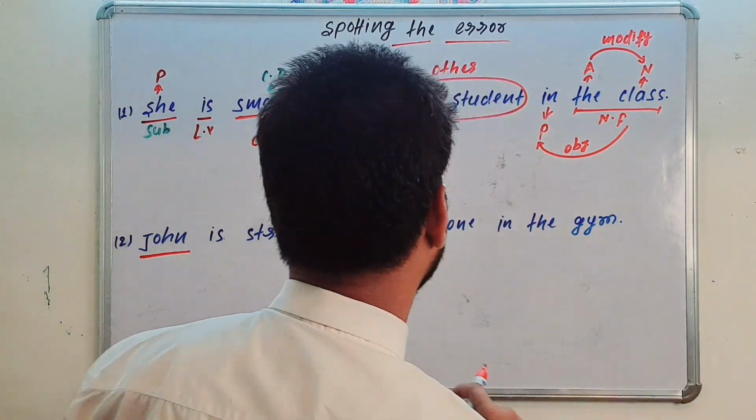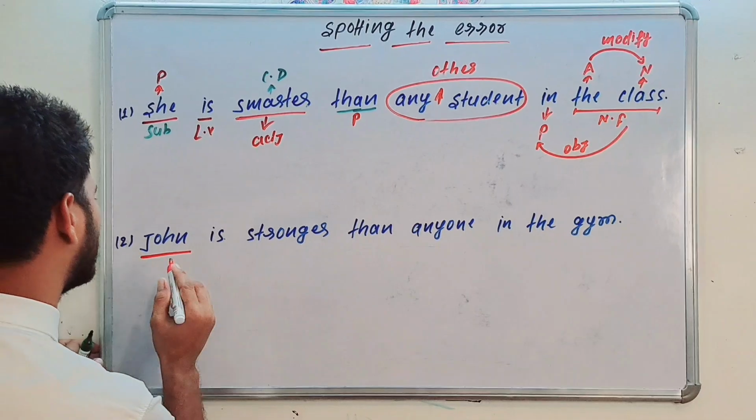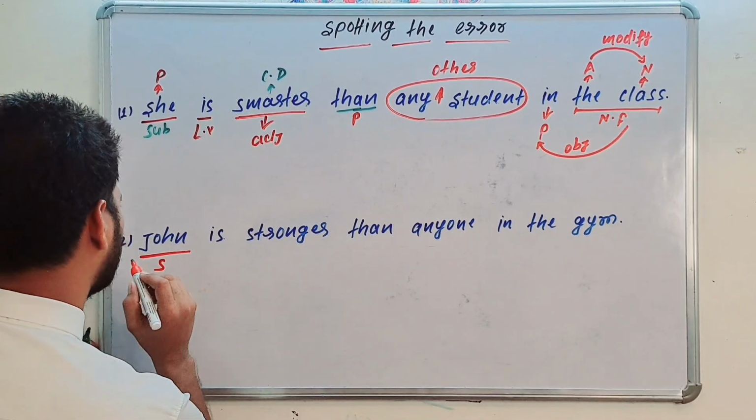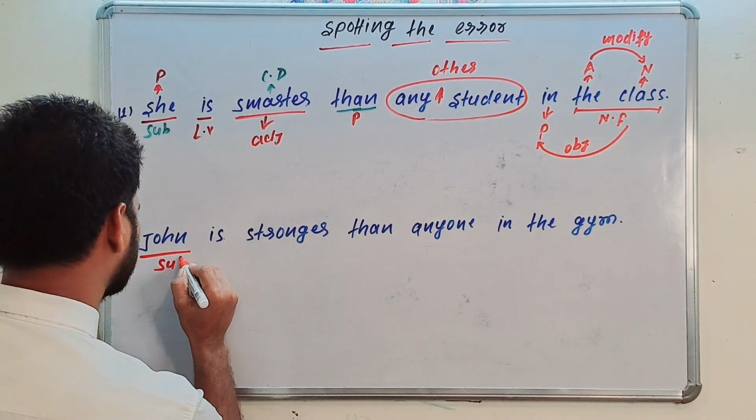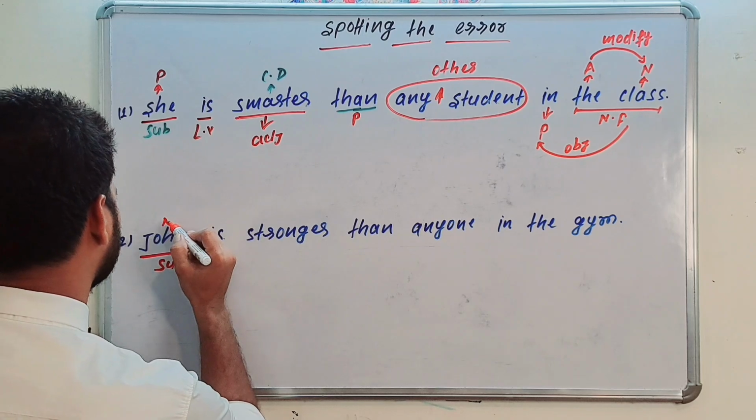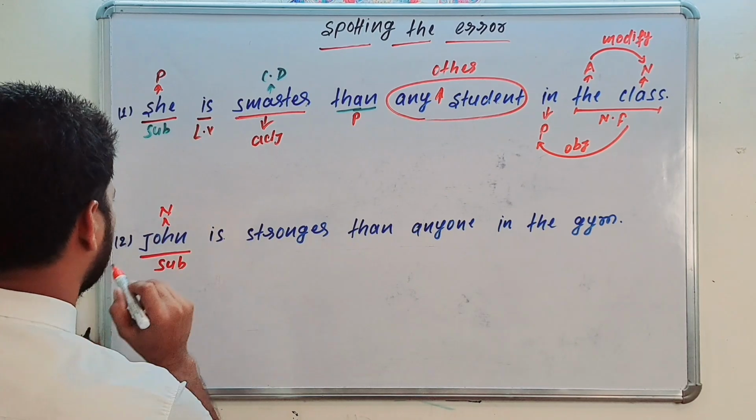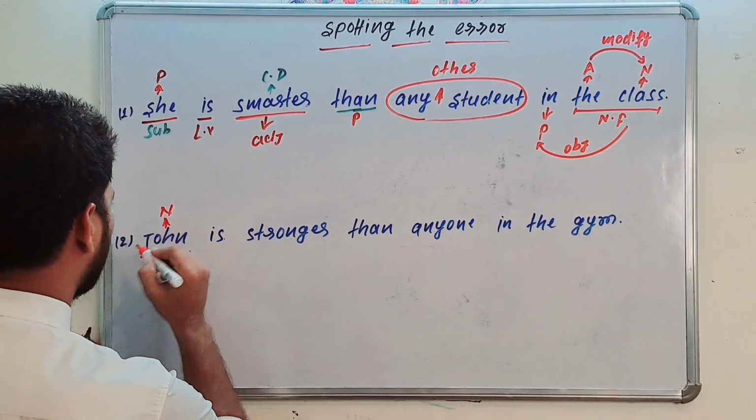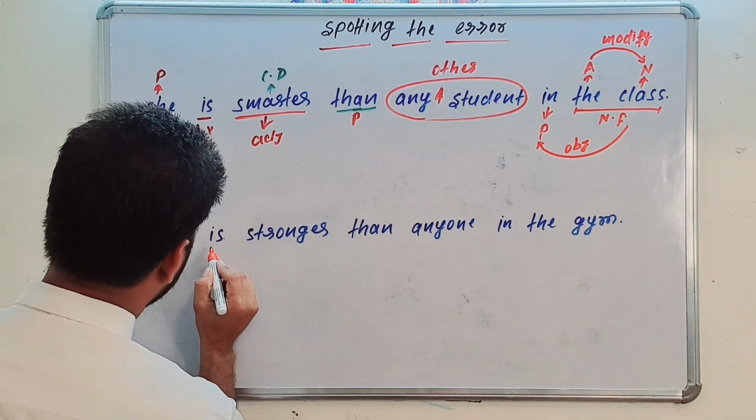Now let's see here. John is basically the subject, a noun, and is is your linking verb.